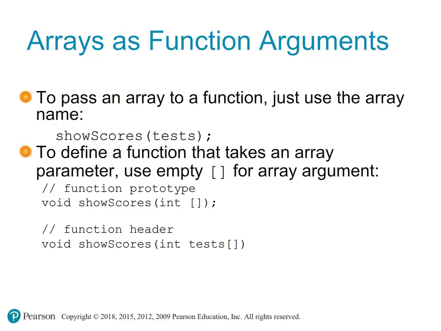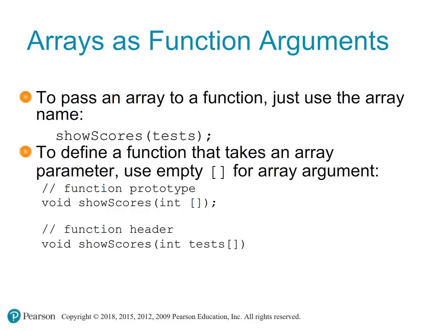For example, function prototype: void showScores, then int, empty bracket. Function header is void showScores, int tests, and an empty bracket. The empty bracket indicates that the function expects an array.